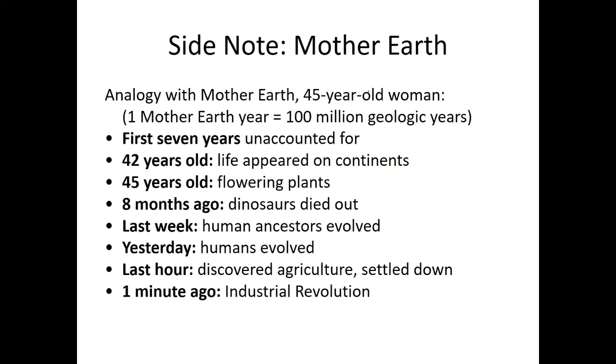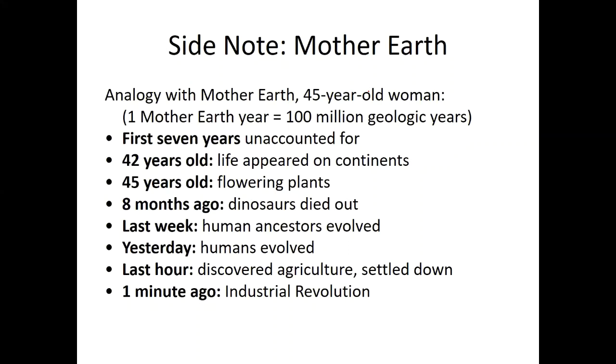And so, just to finish this introduction, we try to map Earth history, the geologic time, onto the life of a, say, 45-year-old woman, Mother Earth, where each year of this 45-year-old woman would correspond to 100 million years of geologic time. Okay, so each year is 100 million years.